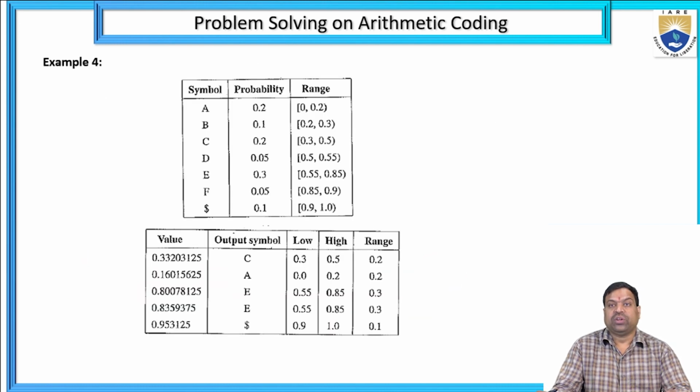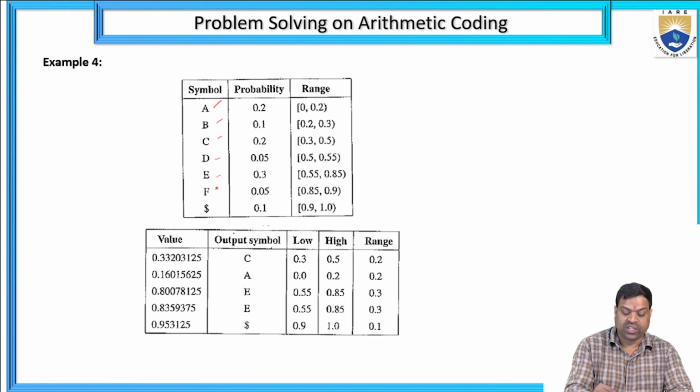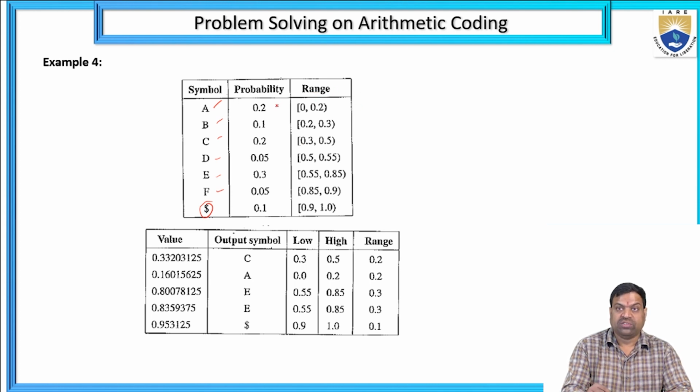I'm taking one example of arithmetic coding, to find the arithmetic code from the given symbol probability ranges. Here the example symbols are A, B, C, D, E, F, and the dollar symbol. The probabilities are 0.2, 0.1, 0.2, 0.05, 0.3, 0.05, 0.1.